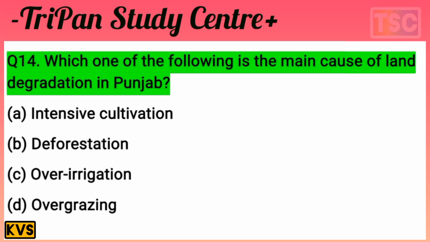Deforestation is rejected here, and overgrazing is not applicable. The answer is over irrigation, because Punjab has maximum production. Over irrigation is causing land degradation in Punjab. That's the important answer, option C.